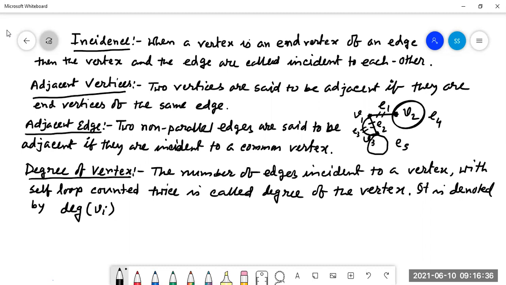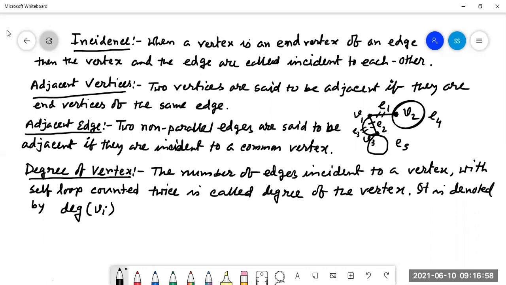What is the degree of V3? 4. So it is clear that for the self loop we are taking the degree twice, because one is incoming, another is outgoing. So both are here. So for the self loop we count twice, right? So these are the degrees of the vertices.